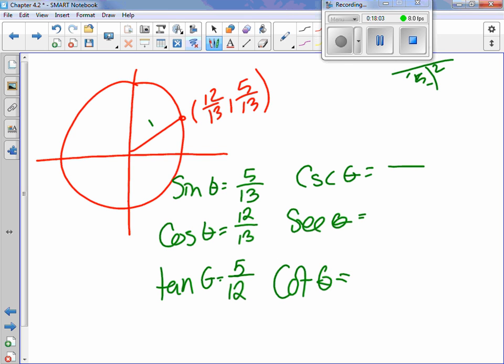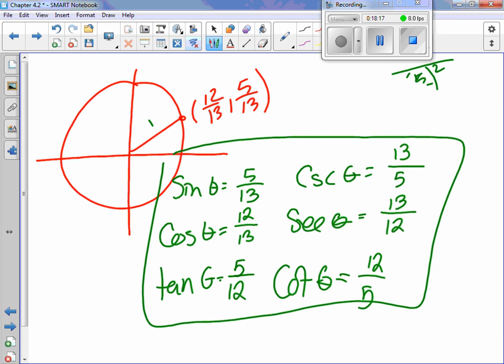So instead of it being 5/13, it's 13 over 5. And that's it. 5 and 7. Well, not just 7.